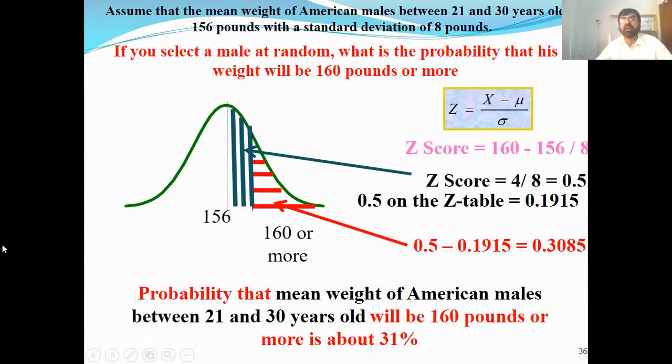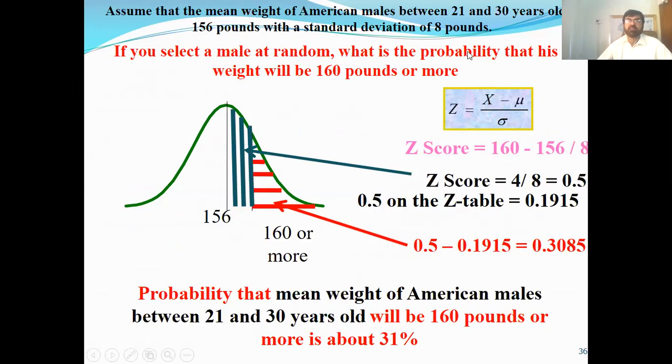Now assume that the mean weight of American males between 21 and 30 years old is 156 pounds with a standard deviation of 8 pounds. If we select a male at random, what is the probability that his weight will be 160 pounds or more? First we have to determine the z-score, and the z-score is 0.5. 0.5 in the table carries an area of 0.195. This is the area.